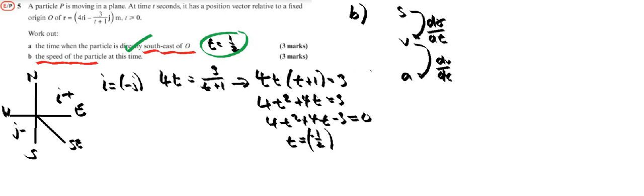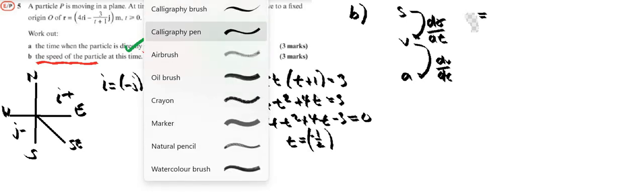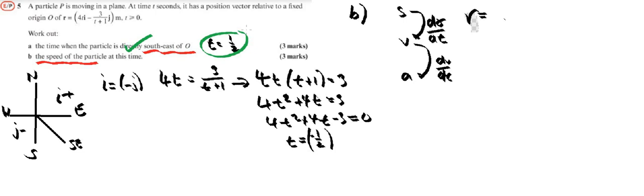So what I need to do is differentiate my position vector. Actually, we should call it r. r equals 4t i minus 3 over t plus 1 j.